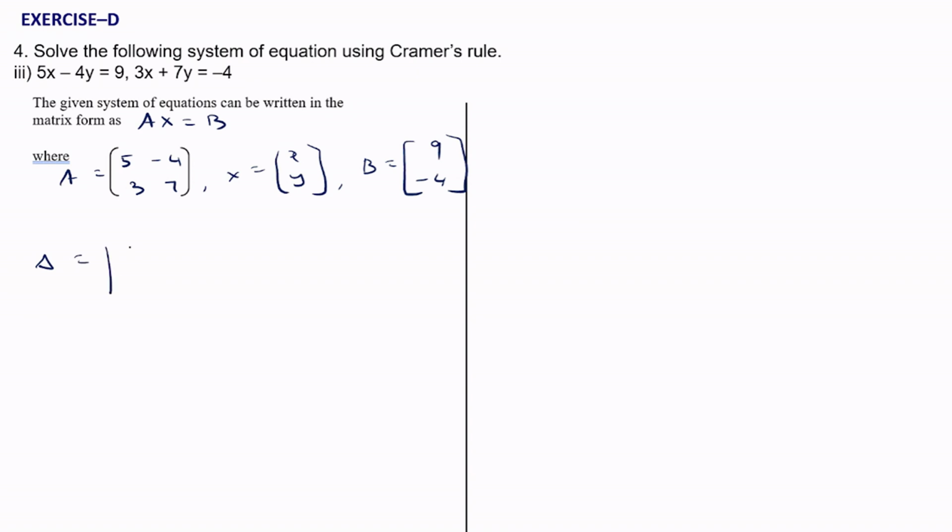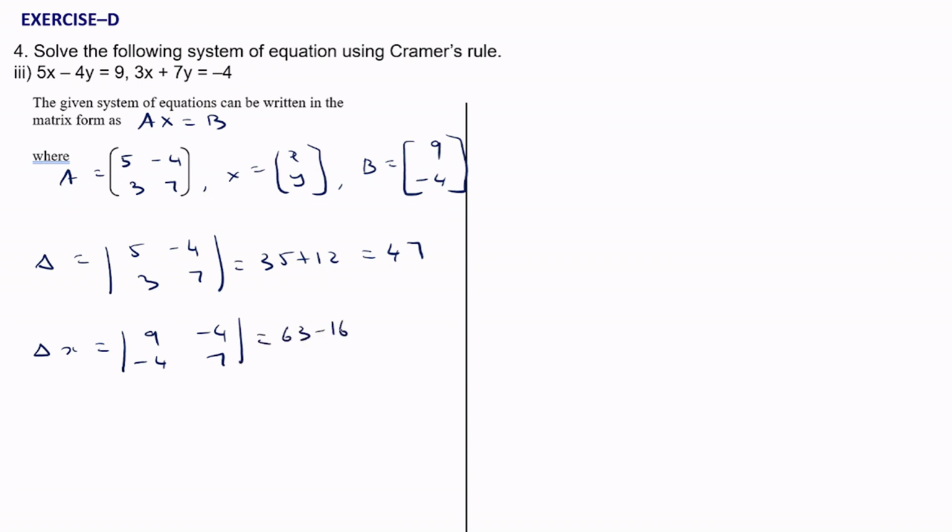Now delta is the determinant of 5 minus 4, 3, 7. So this is 35 plus 12, it is 47. Then delta x is the determinant of 9 minus 4, minus 4, 7. So this is 63 minus 16, it is 47.